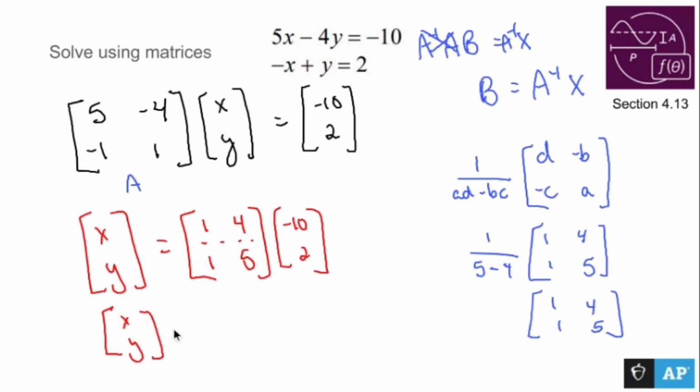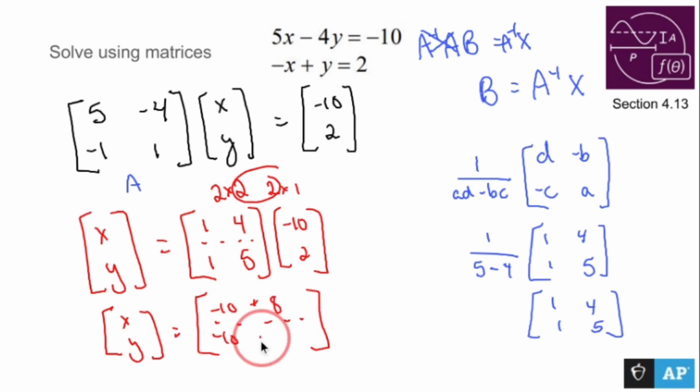X, Y is going to equal 1 times -10. So what is this, a 2 by 2? We're multiplying that by a 2 by 1, so we'll get a 2 by 1 when we're done. So 1 times -10 plus 4 times 2, 1 times -10 plus 5 times 2 is going to end up giving us -2, 0.